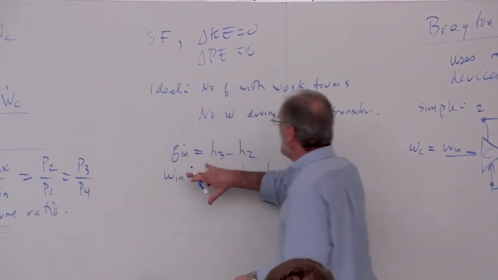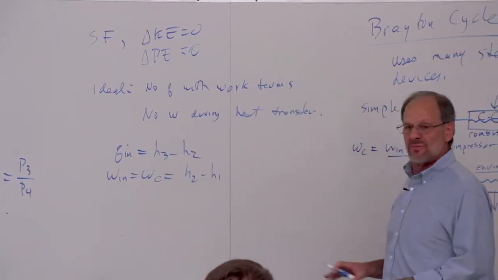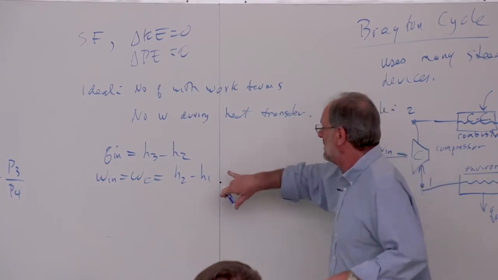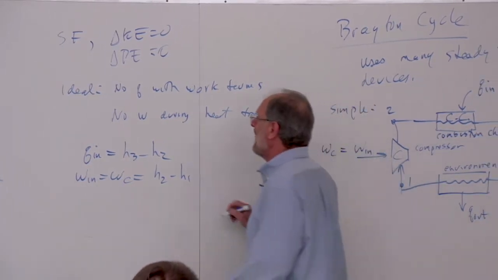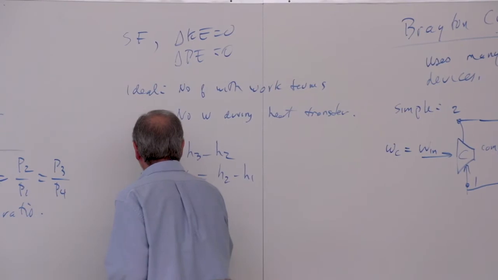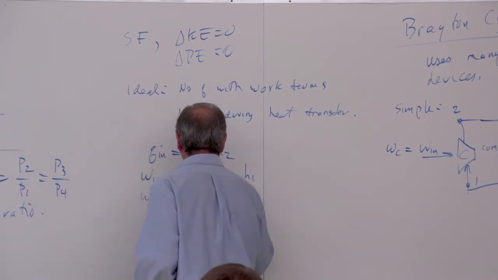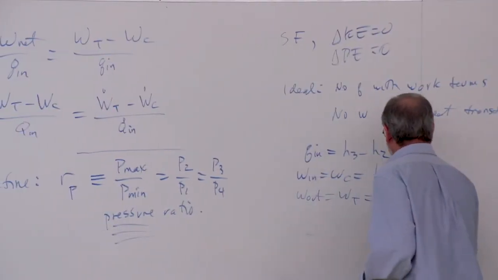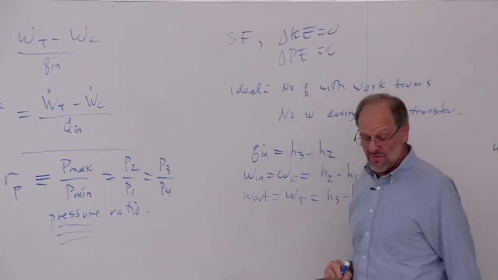Nonetheless, we have our heat transfer and we have our work input. We know that work input is really negative just because of our sign convention, but again, this is the magnitude. We also have our work out, which is our turbine work. This is just going to be the enthalpy change from 3 to 4, so H3 minus H4.